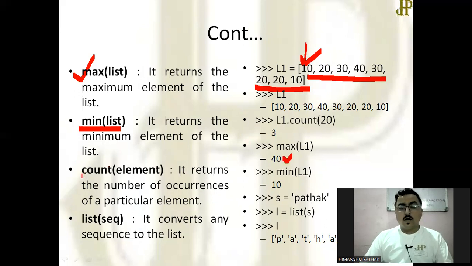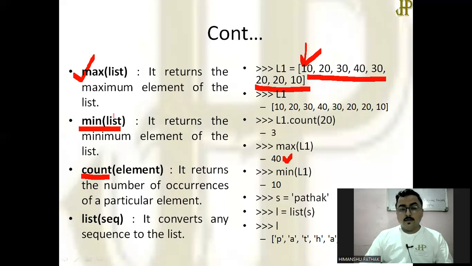Now count, as the name suggests, will print the number of elements present in the list. So 1, 2, 3, 4, 5, 6, 7, 8. So 8 is the length of the list.